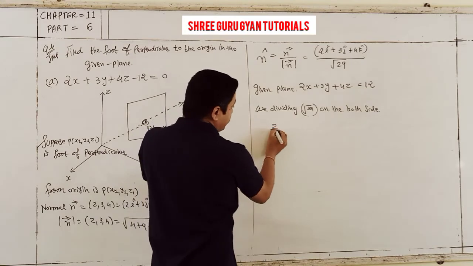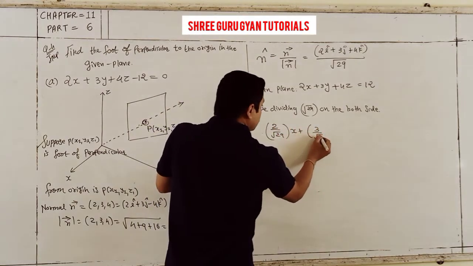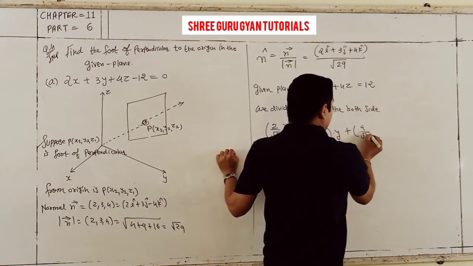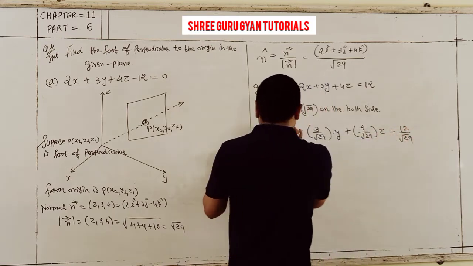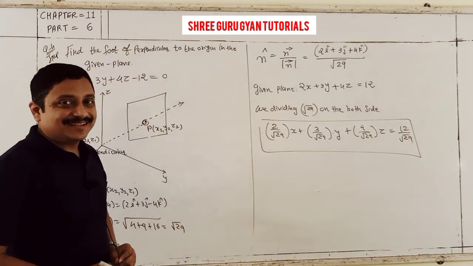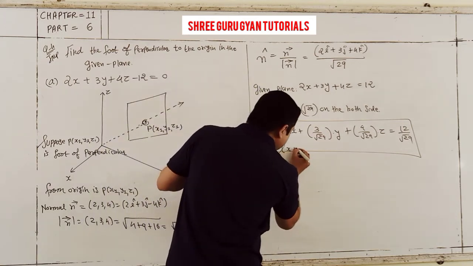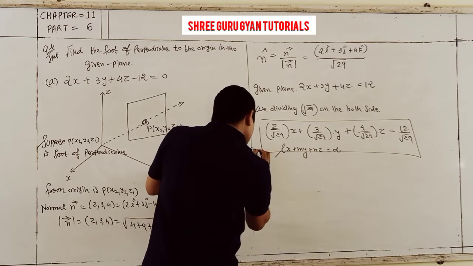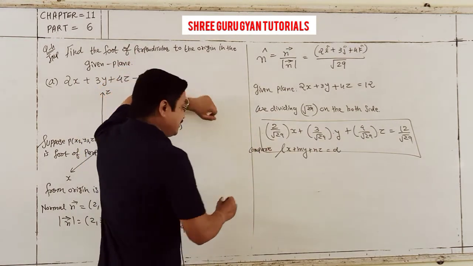So 2 by root 29 x, 3 by root 29 y, 4 by root 29 z, equals 12 by root 29. That is finally our Cartesian equation of the plane. Compare with Lx plus My plus Nz is equal to D. So your final answer is ready.